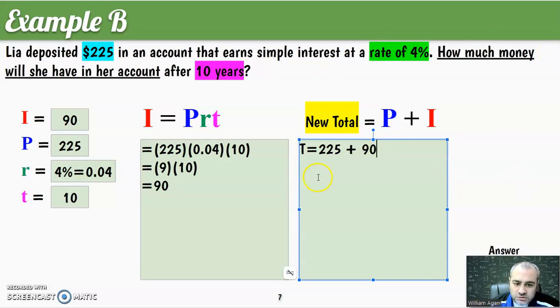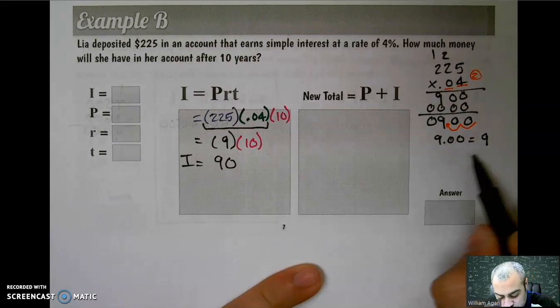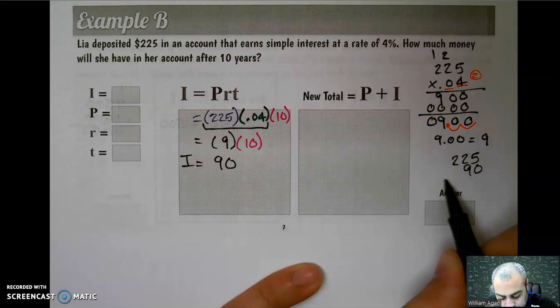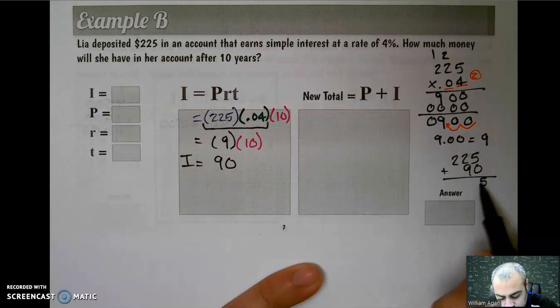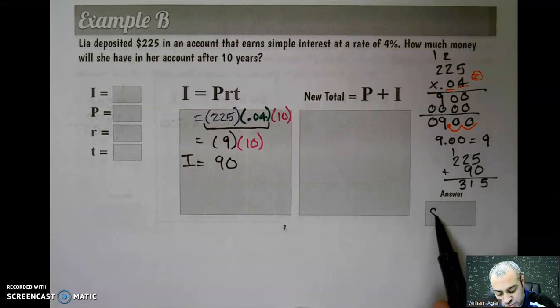Okay, so we found that she earns $90 in interest over 10 years. Okay, and we need to add that to however much she started with to find the new total. So that is just 225 plus 90, which is $315.